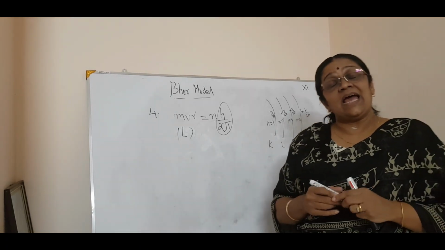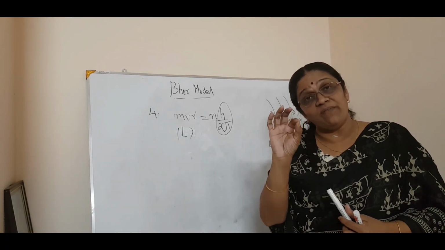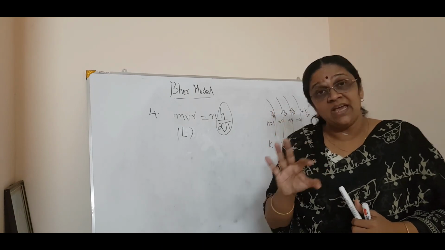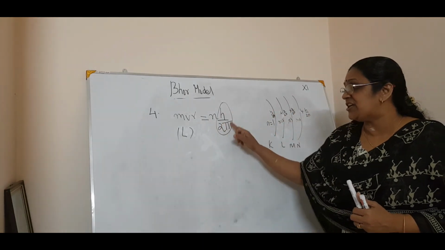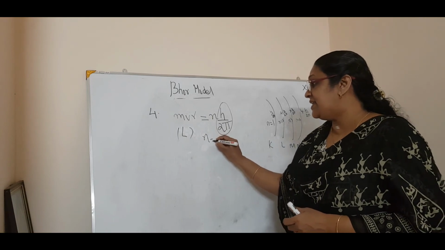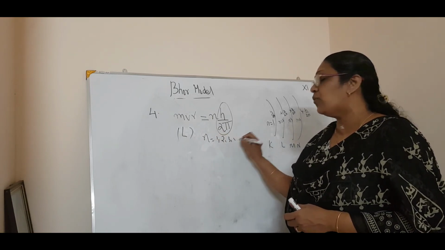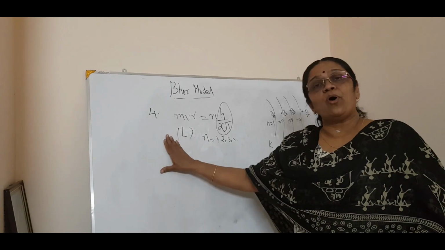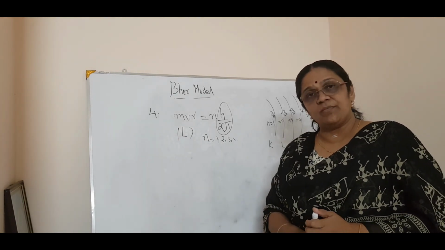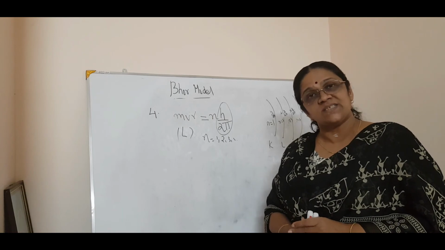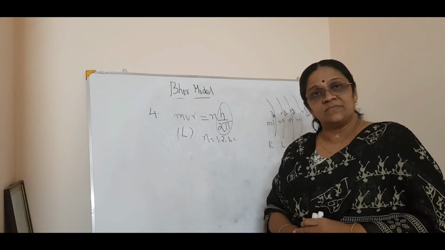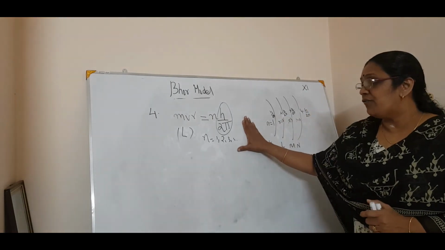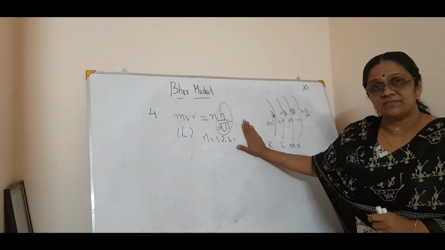That is, the angular momentum of an electron revolving in each orbit must be equal to n times h by 2 pi, where n is an integer, that is 1, 2, 3, 4, etc. So these are the 4 important postulates by which the Bohr atomic model was set up. Okay, so this is about the 4 postulates.